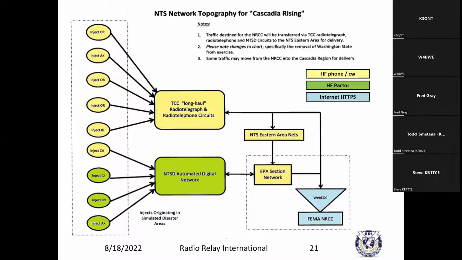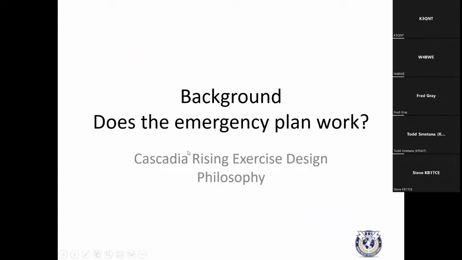They moved to the EPA section, which was designated as the clearinghouse for the communications traffic. And then the EPA section personnel were assigned the duty of effecting delivery to the FEMA National Response Coordination Center for the exercise. Okay, a very straightforward network topology, right? Because we were looking specifically for situational awareness type traffic for this exercise, as well as what are called operational readiness reports. And we'll touch on that here in a little bit.